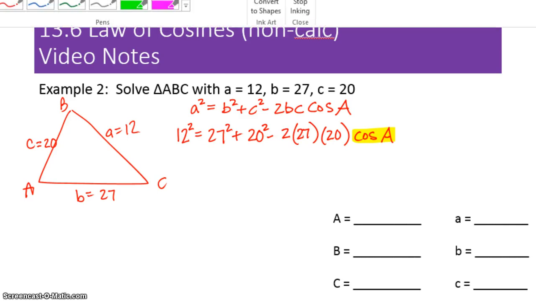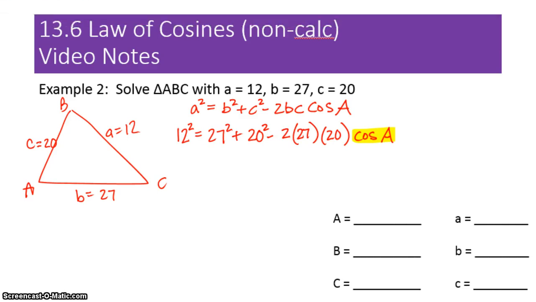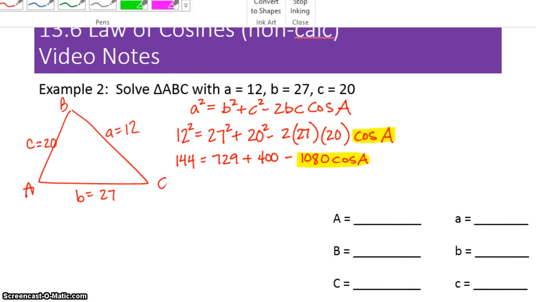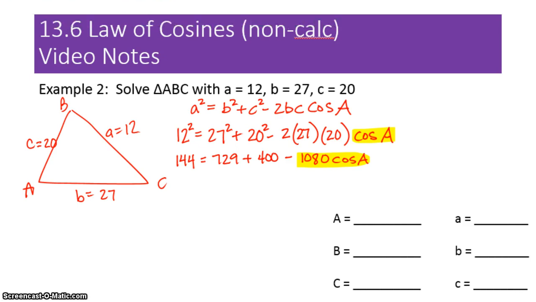So I'm going to write 12 squared, which is 144, equals 27 squared, which is 729, plus 400 minus, now I'm going to do 2 times 27 times 20, and you get 1080 cosine A. So if you think of 1080 cosine A as a single term, like a 2x, that's actually what you're going to get by itself first.